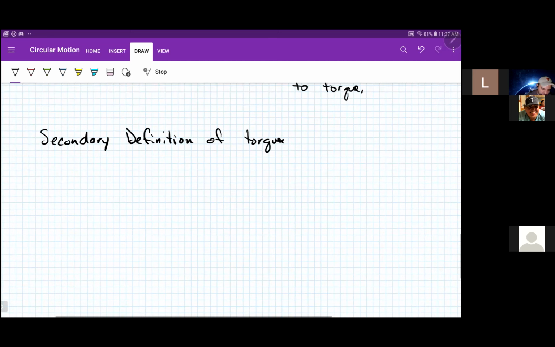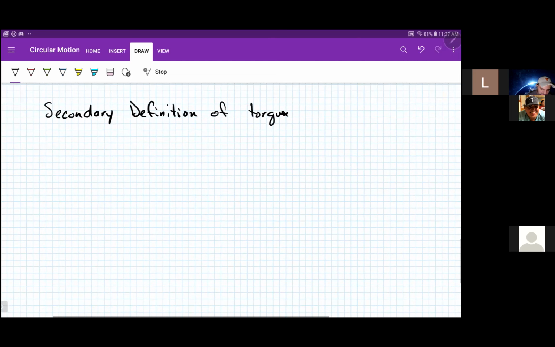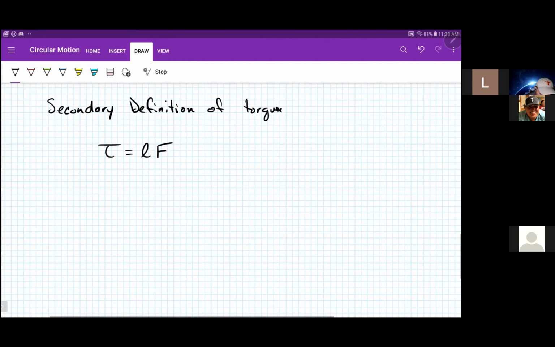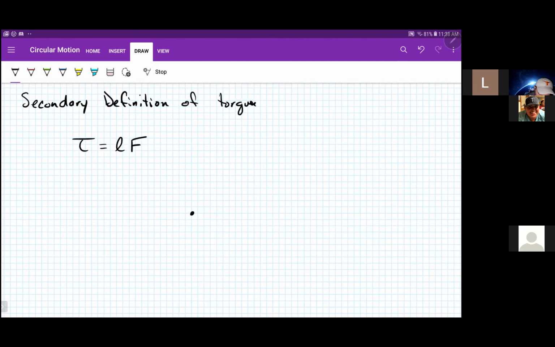So our secondary definition is going to be that tau is equal to L times F. R is specifically from the center of rotation to the point where my F is being applied. L is something else that we can play with, and depending on the situation, we'll want to use one or the other. So again, this is my origin, this is my force F.